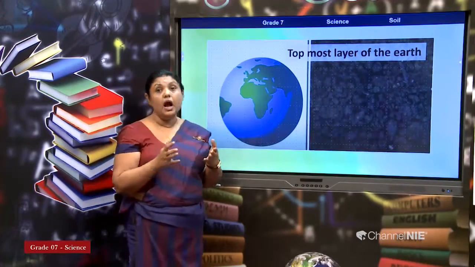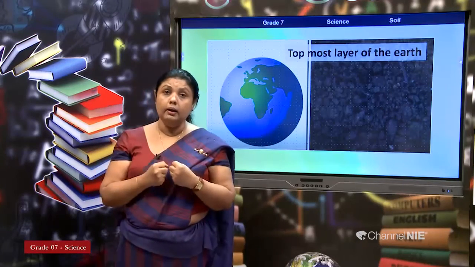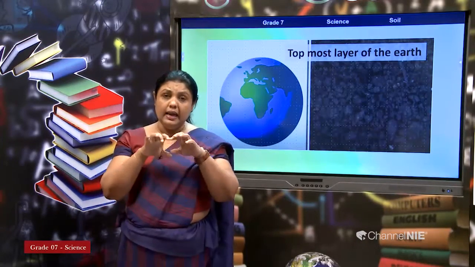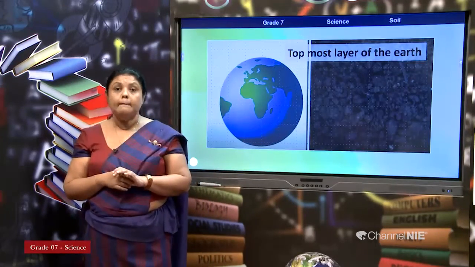Our country has a layer full of soil with lots of nutrients for the plants. That means decomposition, decaying and breaking down material, is plentiful in our conditions. So, our soil gives lots of nutrients to the plants.